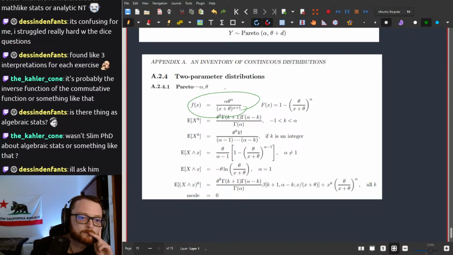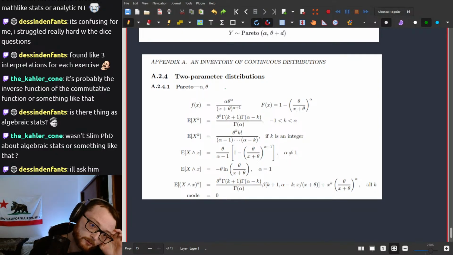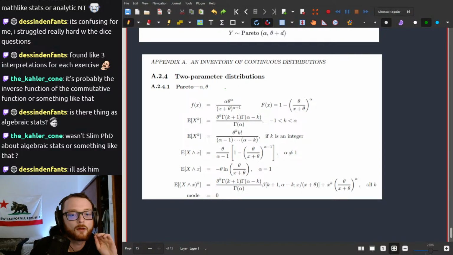Or maybe we want the cumulative one? I don't know when we're 0.9 of the way through the possible values. It's the integral of this from 0 to 0.9, which I think is just this of 0.9.